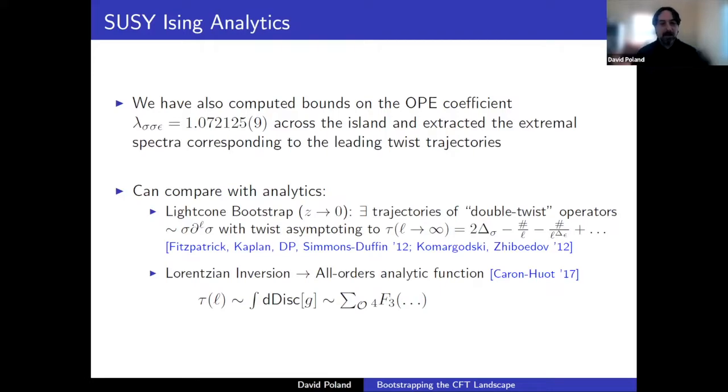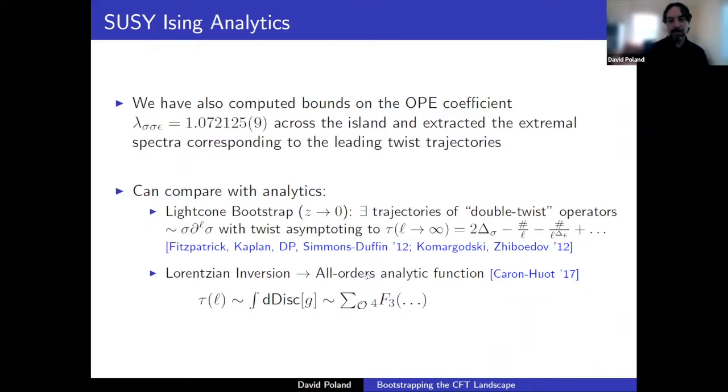at large spin. So if you study the bootstrap equation in a light cone limit, where two of the operators become light-like separated from each other, you can develop an analytical large spin expansion, which relates the anomalous dimensions of these operators to the leading twist operators in the spectrum, like delta epsilon.